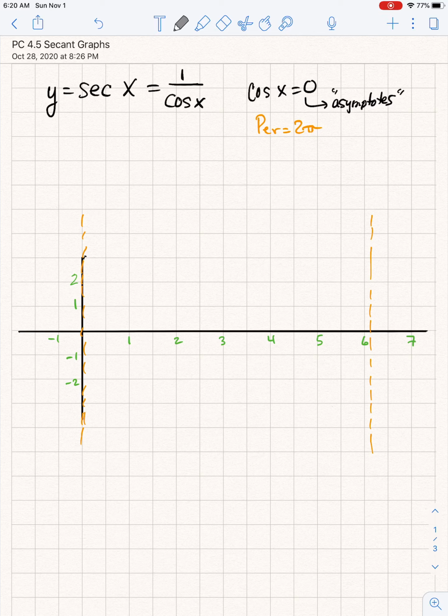Cosine starts at 1, ends at 1 at 6.28. At 3.14, we drop to negative 1. Halfway in between at 1.57 we have a 0, and at 4.71 we also have a 0.